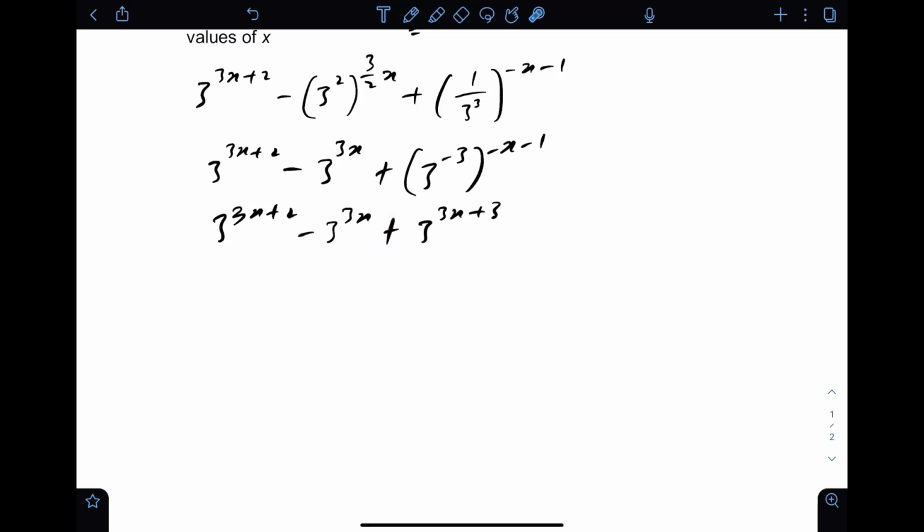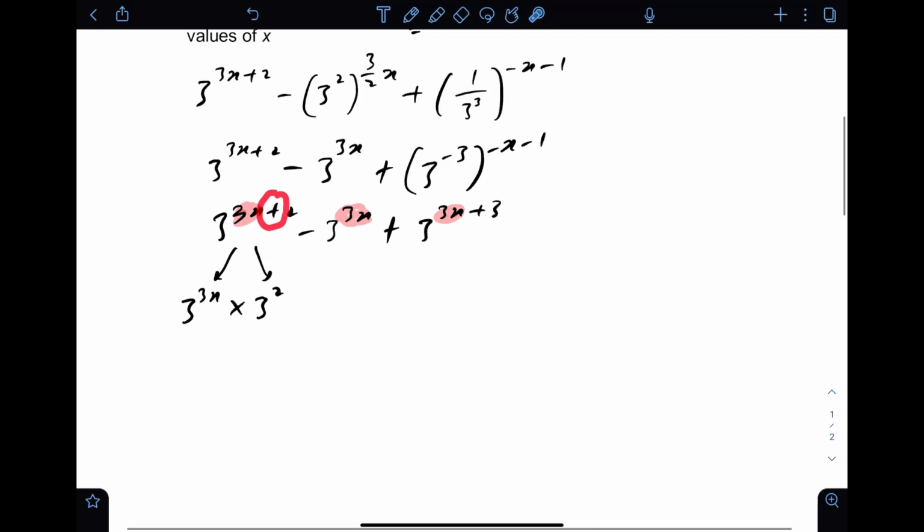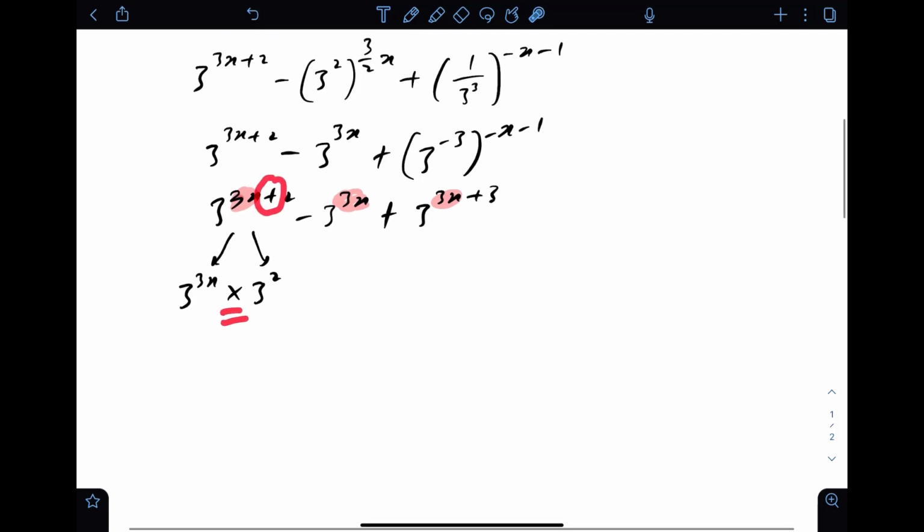So what we need to do is to again observe that the powers are common. 3x, 3x, 3x. Once that is noticed, the next thing to do is to split this up into 2. You split it out into 3 to the power 3x times 3 to the power 2. How were you able to add the powers? Because you must have multiplied them before.